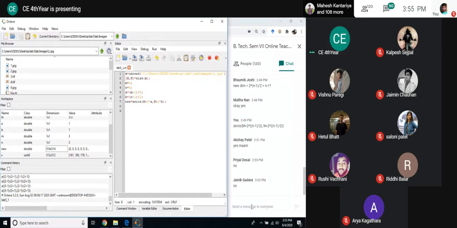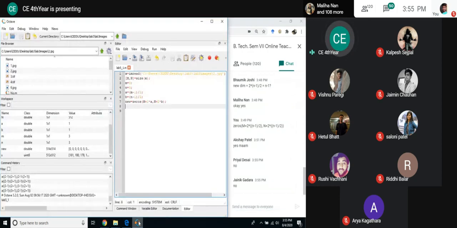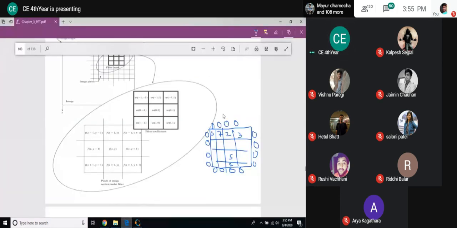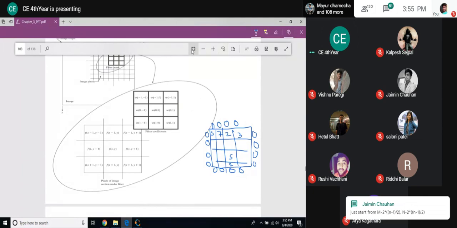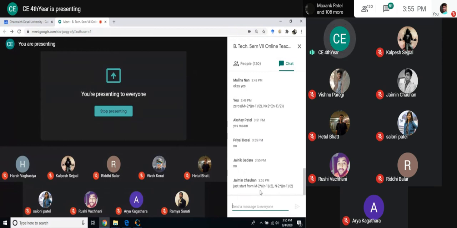What I want is, from where should I put the image? Where should I put it? What exactly am I having? I am having all the zeros. Start from m minus.